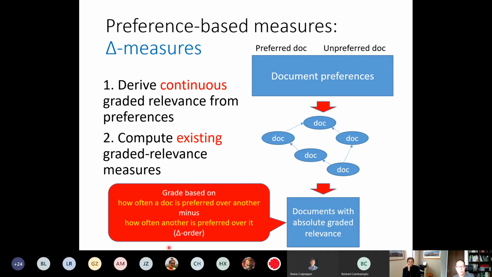But I tried something simple called delta order, which basically just counts the number of incoming edges and also the number of outgoing edges. Of course, we can try other stuff like PageRank and things, but I just tried something simple. Now, having converted the document preferences to absolute graded relevance, we have this continuous graded relevance. I can just compute NDCG, RBP, or whatever you like. So I call these measures delta measures.